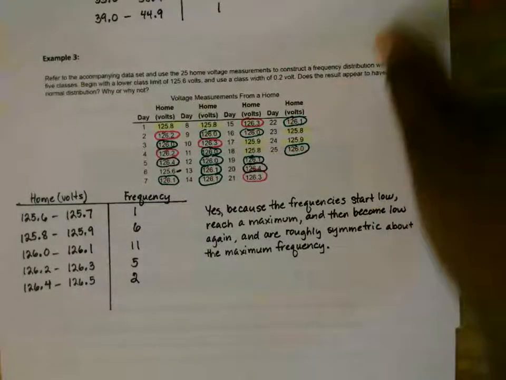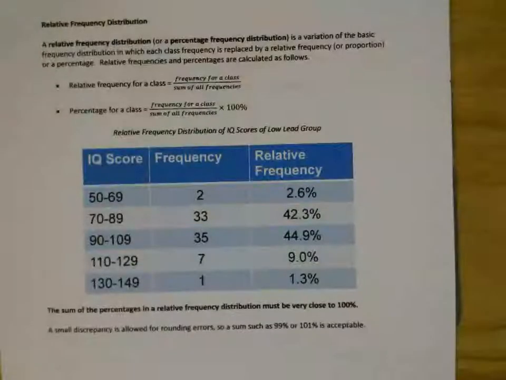All right, the next distribution we'll talk about is a relative frequency distribution. A relative frequency distribution or a percentage frequency distribution is a variation of the basic frequency distribution in which each class frequency is replaced by a relative frequency or proportion or a percentage. Relative frequencies and percentages are calculated as follows.